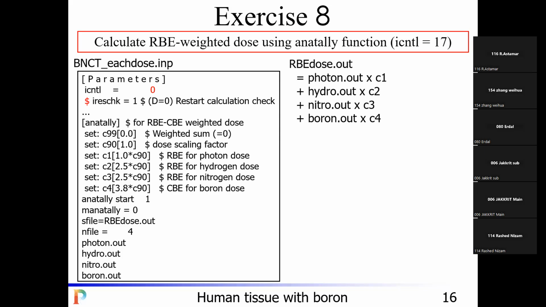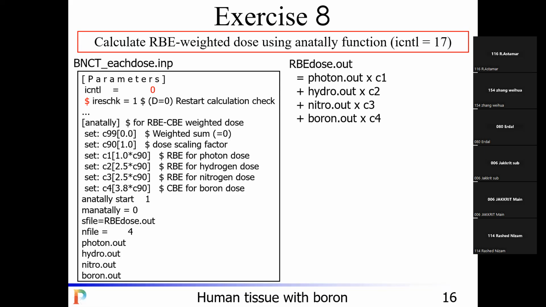For that purpose, we have to multiply by 1 for photon dose, 2.5 for hydrogen dose, 2.5 for nitrogen dose, and 3.5 for boron dose. You can set it in this way and get the new result named RBE dose.out.